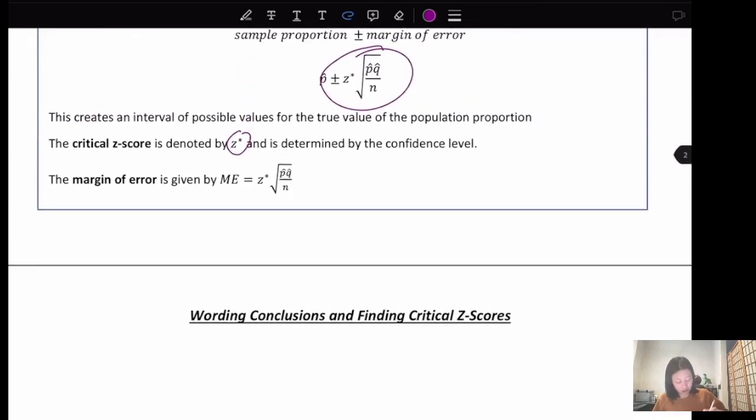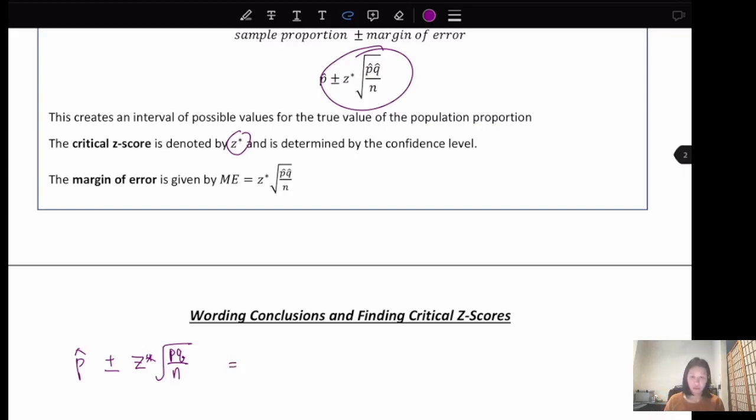So all we need to do is use 0.48 plus or minus the z-score times the square root of p hat q hat over n. This is the formula.